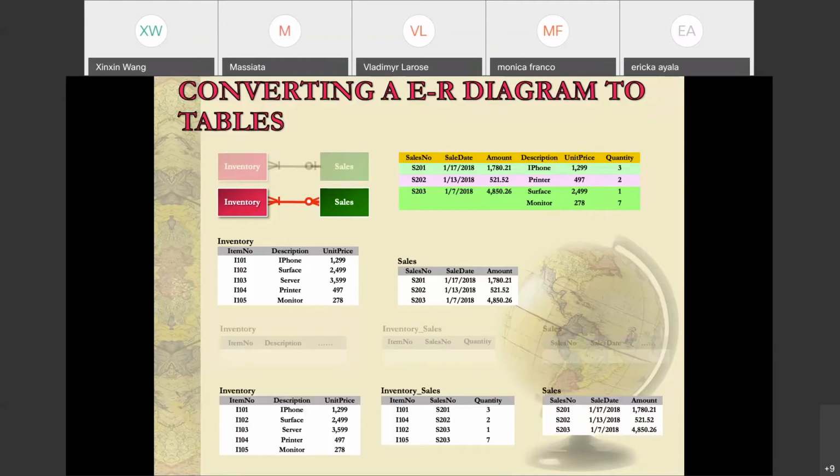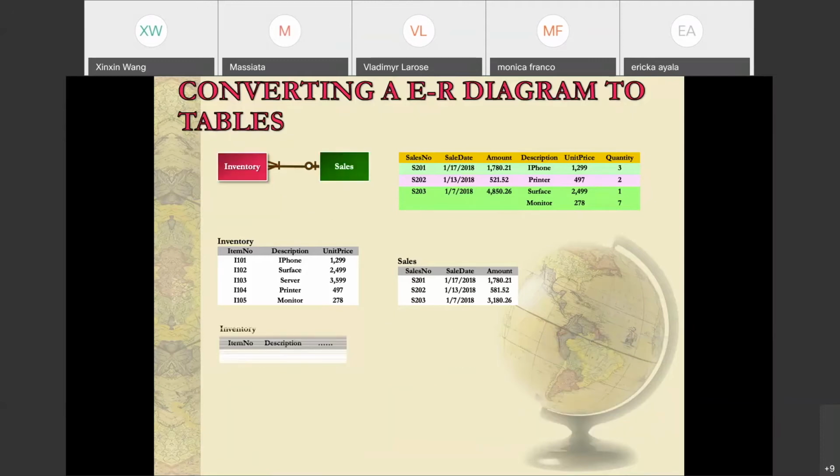So with these 3 tables and the data put in there, we can clearly see the relationship, how they link each table together with no duplications and with no entity or referential integrity violations, right?